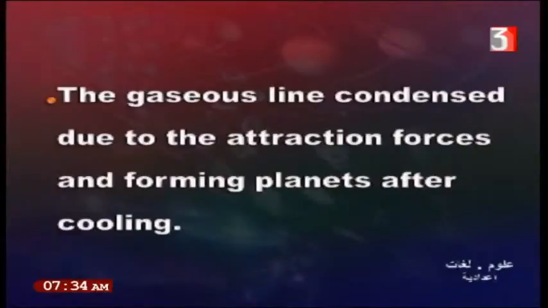In this theory, the origin of planets of the solar system is the sun. Planets came out from the sun. And this is the crossing star, and this is the expanded part from the sun that exploded and formed the planets of the solar system. This is the crossing star theory that was made by Chamberlain and Moulton.